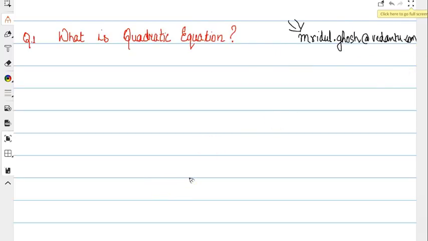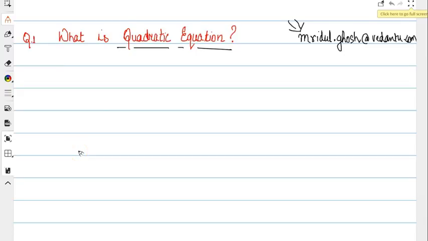So let's start. So basically what is a quadratic equation, right? If you say in simple words, quadratic expressions are also known as algebraic, or basically these are polynomial expressions, right? So what is a polynomial expression? We will have some variables and we will have some constants, right?